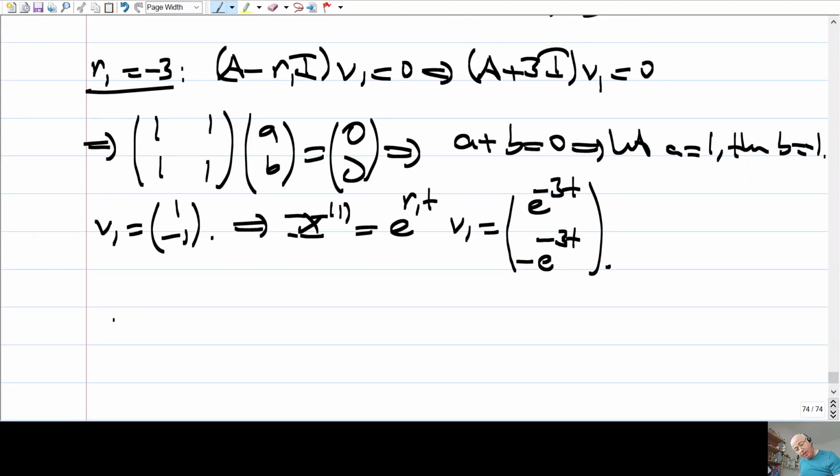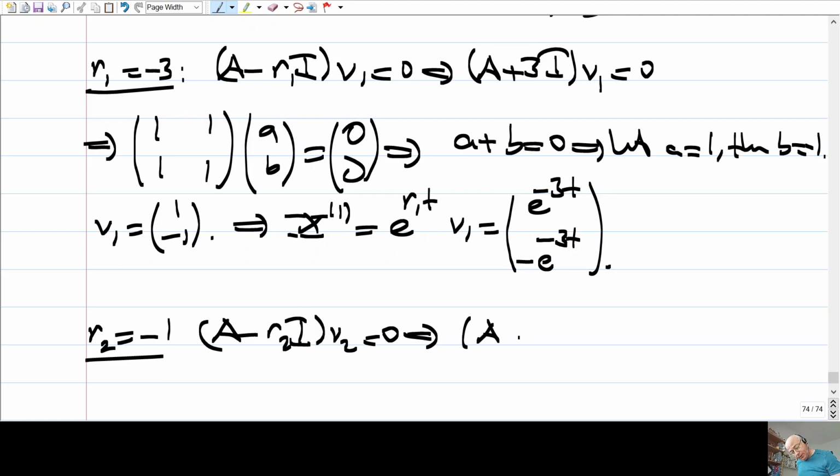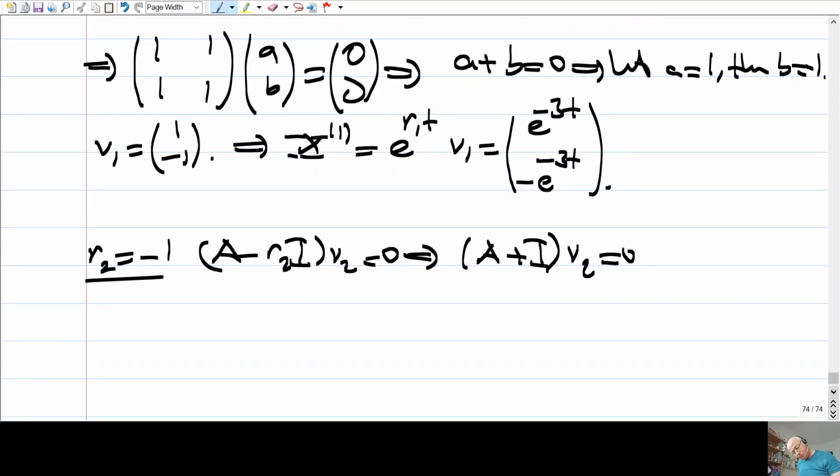So the first solution is e^(-3t) times (1, -1). For the eigenvalue minus 1, we have (A + I)v2 = 0. When I add identity, minus 2 became minus 1, so we get [[-1, 1], [1, -1]] times (c, d) = (0, 0).